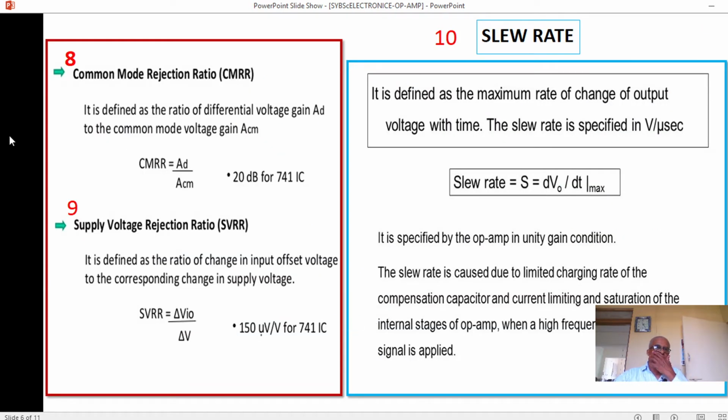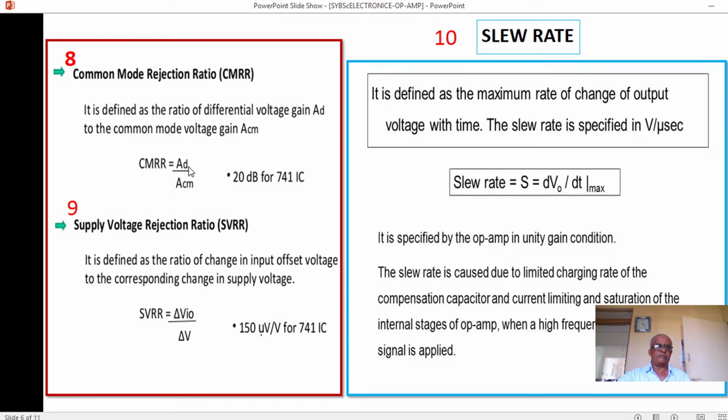Then the eighth one is the common mode rejection ratio, which is shortly denoted as CMRR. The CMRR is the ratio of two gains, AD divided by ACM. Generally, capital A is used to denote the gain of the amplifier.